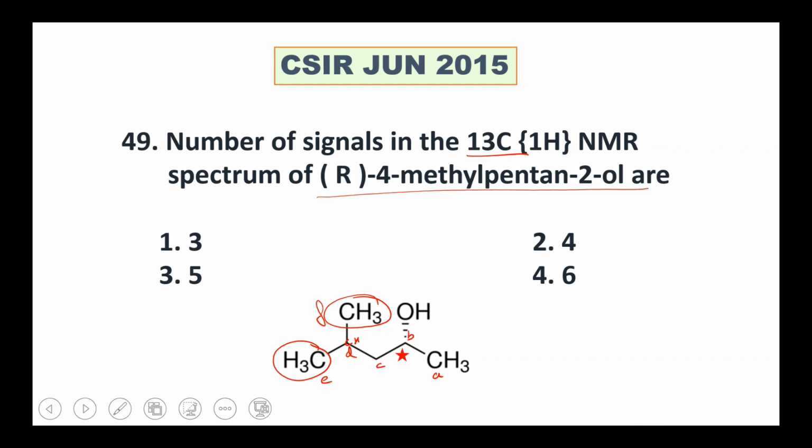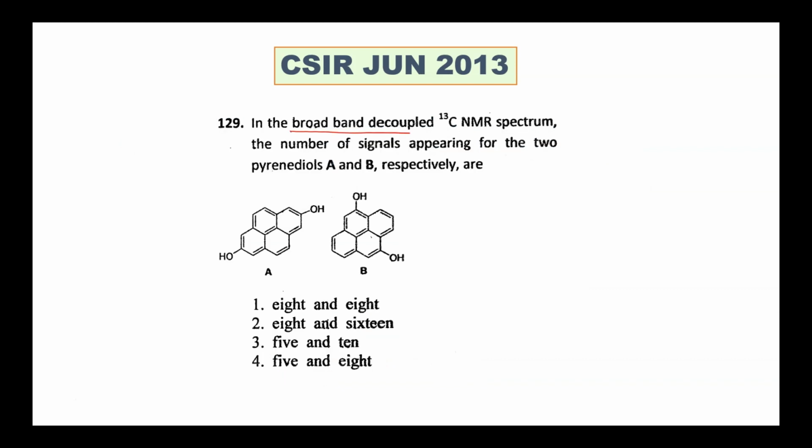If you have not known this enantiotopic, diastereotopic concept, you will land on a wrong answer. You will say 1, 2, 3, 4, and put these two as 5. So you'll get the wrong answer. But since you now know that diastereotopic groups are chemically non-equivalent, they'll give you two different signals. So we have totally 6 signals. So the answer is 6.